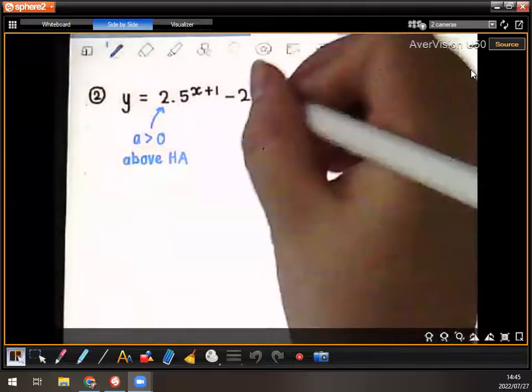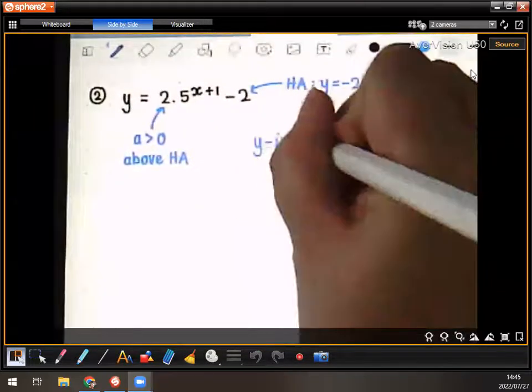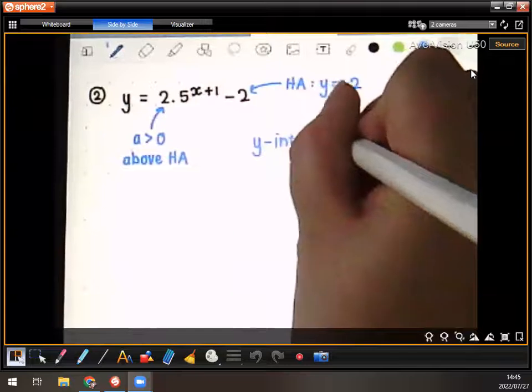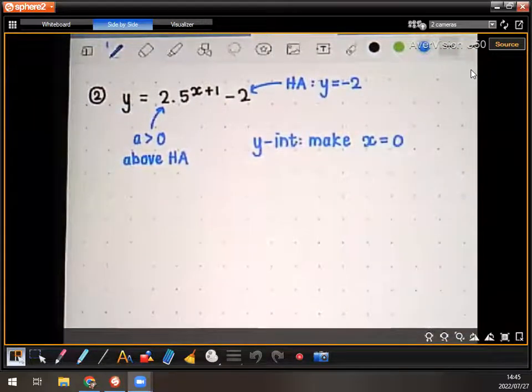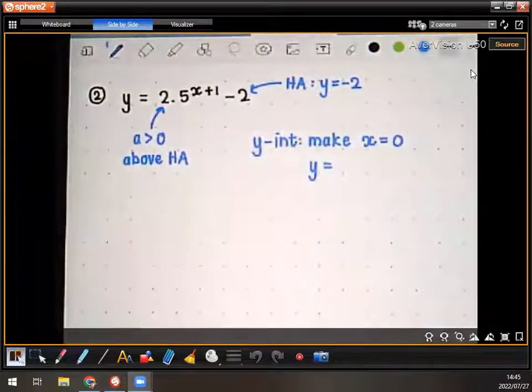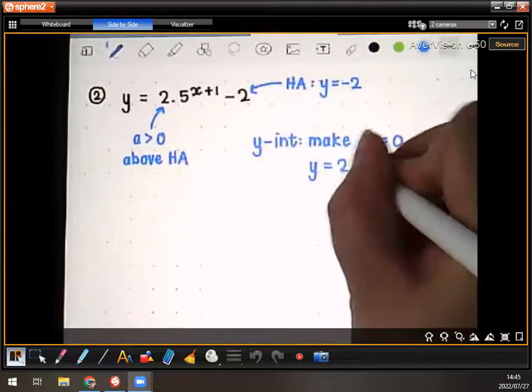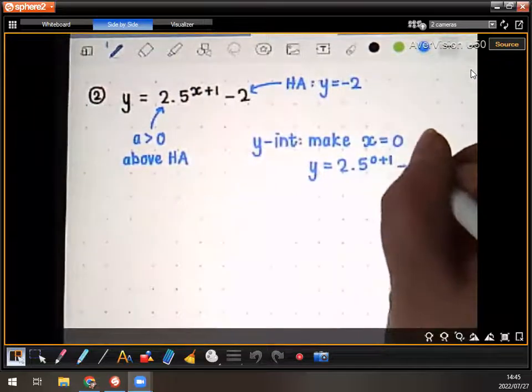Okay, next up we need to find the y-intercept. For the y-intercept, remember you make x equal to 0. So y is equal to 2 times 5 to the 0 plus 1 minus 2.